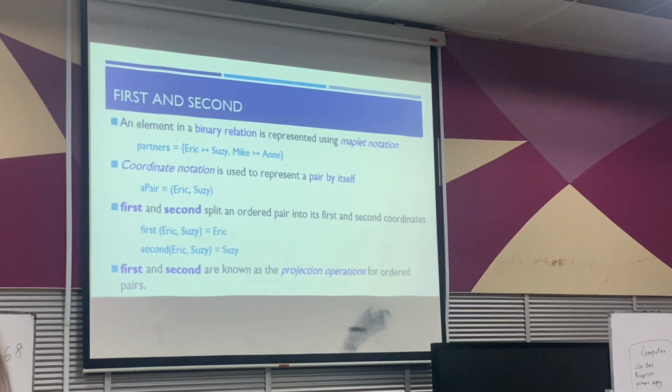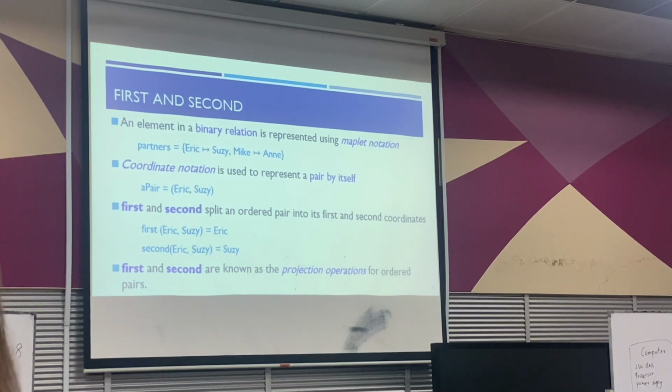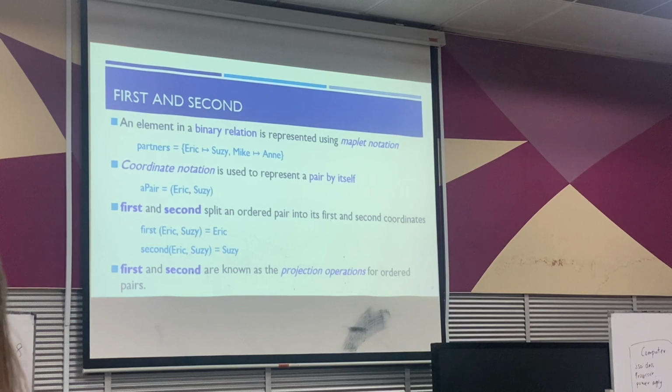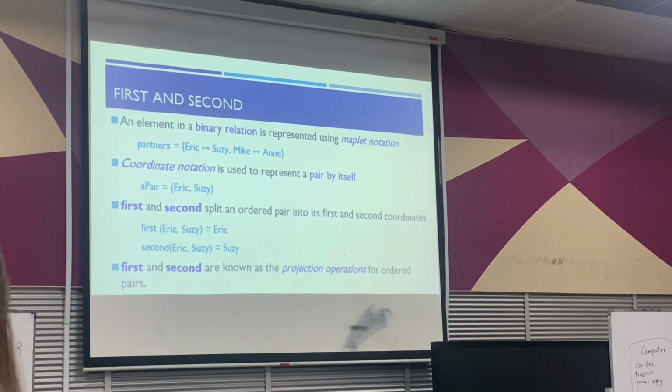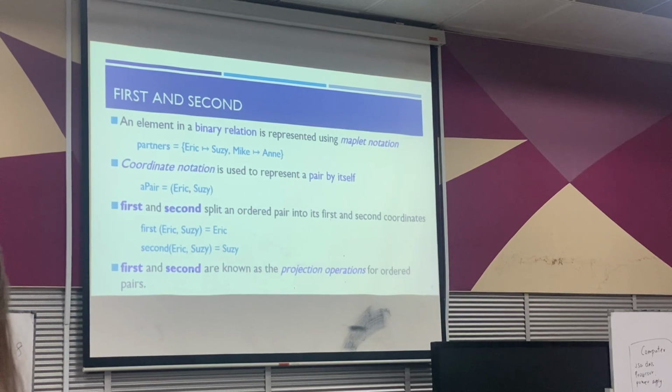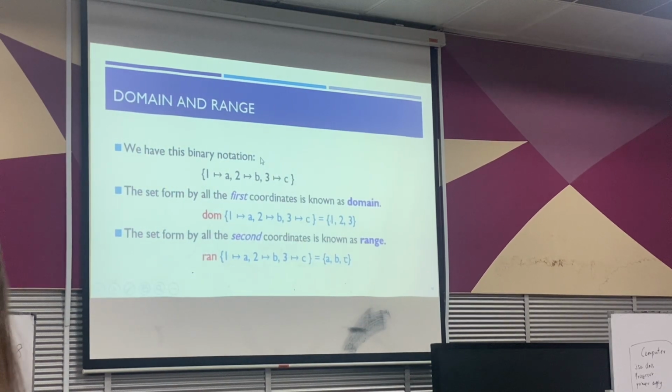So make sure that you don't use first and second as your variable, because they are keywords for you to use in your relations and so on. We seldom use first and second, but they are keywords, so just to remind you, don't use them as your variable. The ones that we are going to use a lot are domain and range.